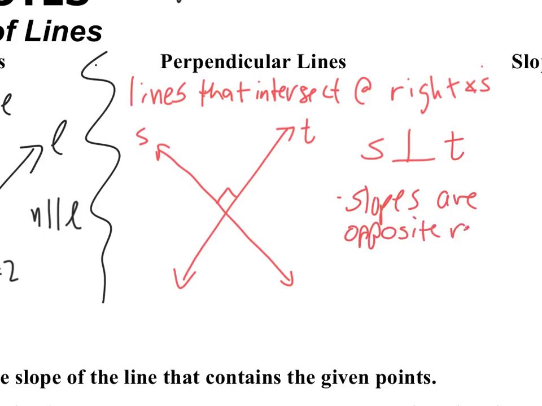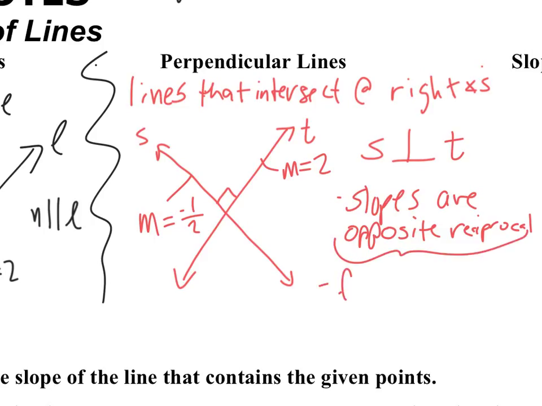Let's say this slope, m, is equal to 2. Then this slope would have to be m equals negative 1/2. When I talk about opposite reciprocals, that means we flip the fraction and we change the sign.